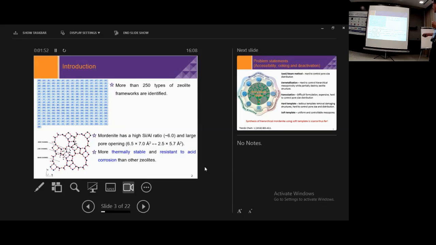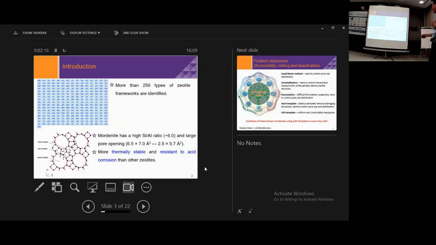is called mordenite. This mordenite zeolite is very useful because of the high silicon over aluminum ratio, and it has a very large pore opening. This large pore opening enables molecules to pass through and react inside the zeolite pore.